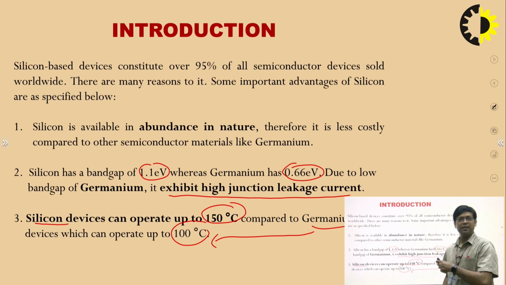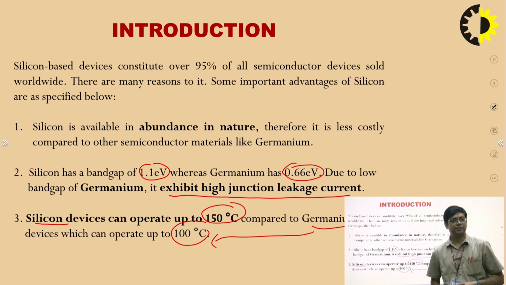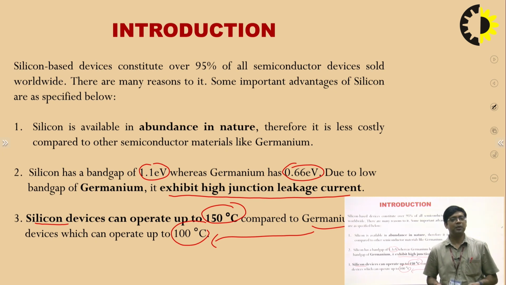Due to these three advantages, silicon is used extensively in the semiconductor industry, and therefore it is important to understand the silicon production process, how to get the electronic grade silicon that we can use in manufacturing of various semiconductor devices.